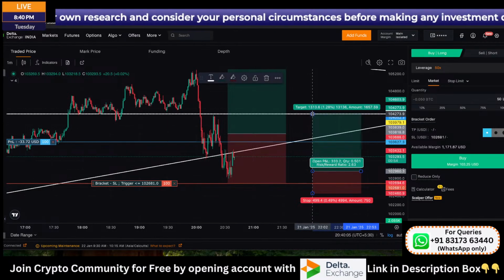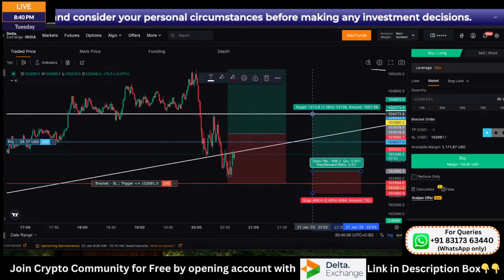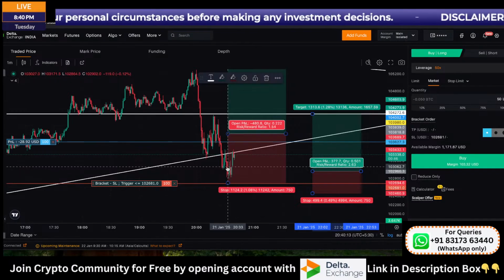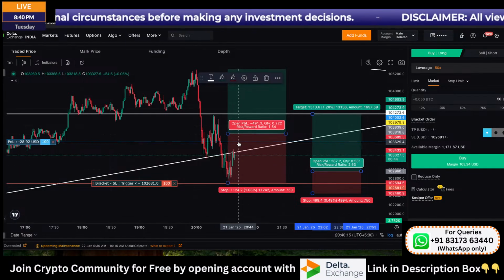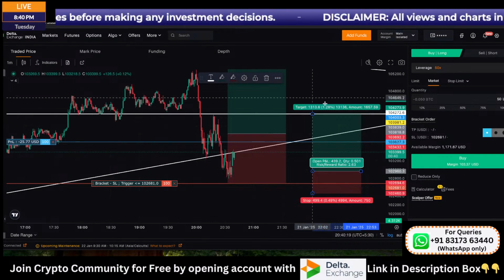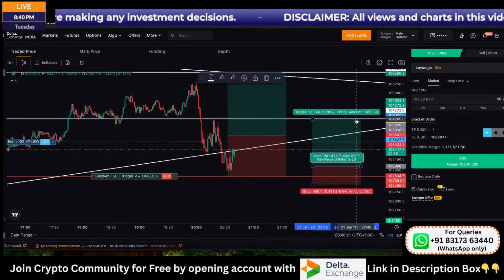Hopefully, if market sustains this level, then since we have not entered all the quantity at this zone, we have re-entered certain quantity in this zone. By the time market comes here only, I'll be in cost to cost. From here, extra push, I'll be able to achieve target.